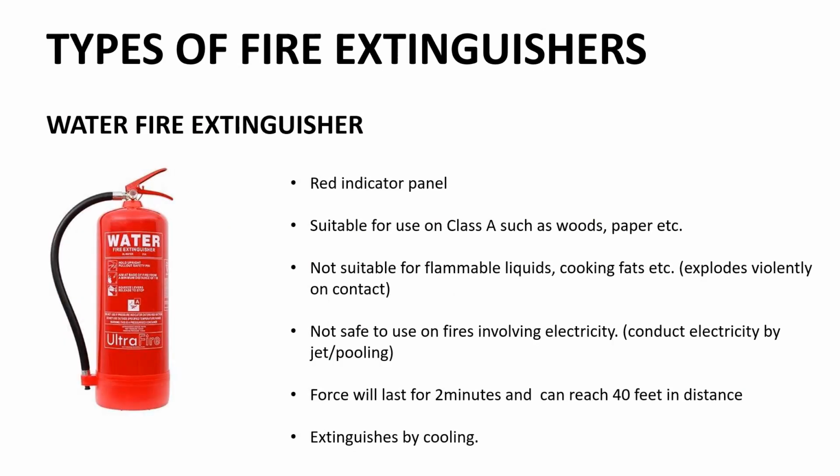Let's concentrate on water fire extinguishers. This type of fire extinguisher is generally class A, which is used to extinguish fire on wood and paper, etc. It has a red indicator panel, and it is not used to extinguish flammable liquids, oil, grease, etc. And it is not safe to use on fires involving electricity.